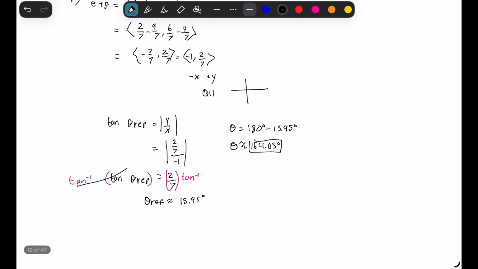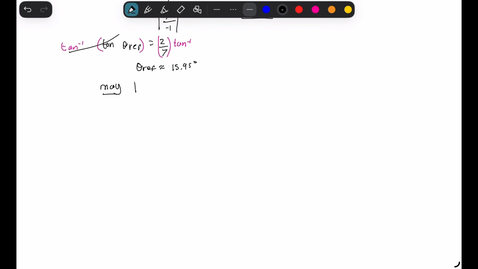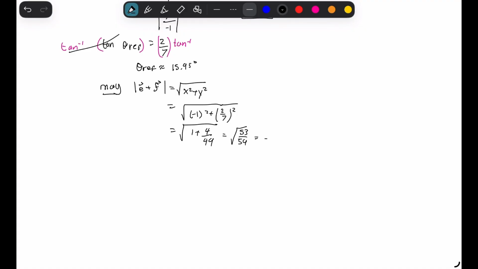And then our magnitude, we'll get approximately 1.04 for magnitude.